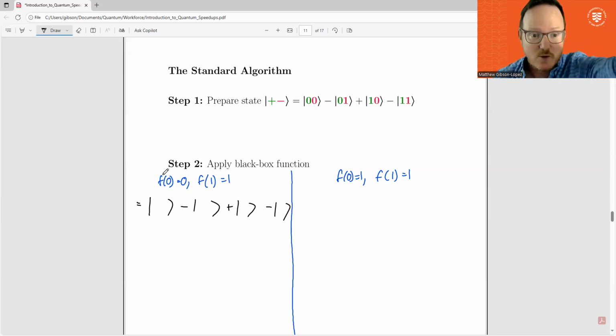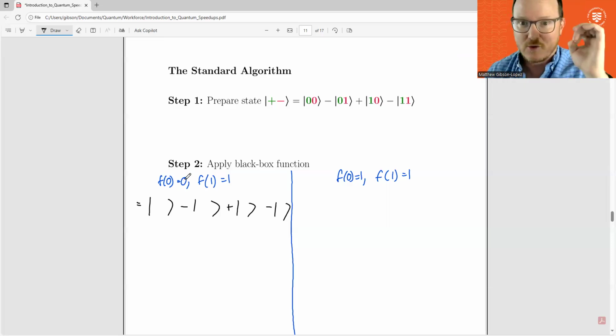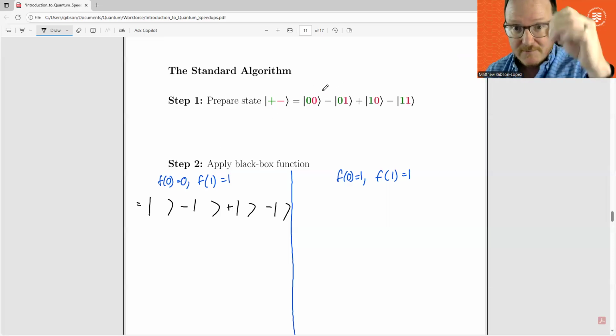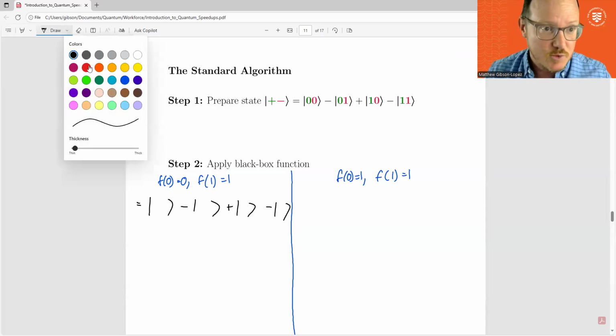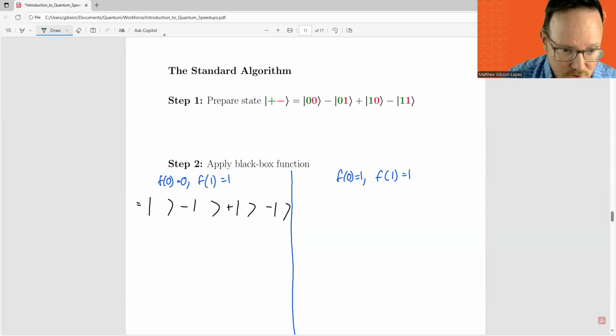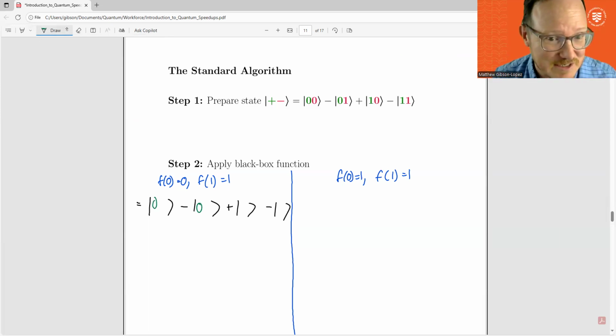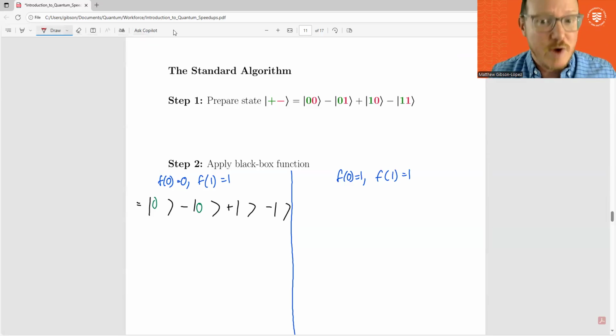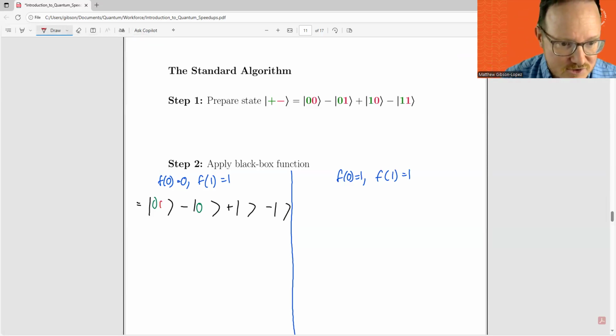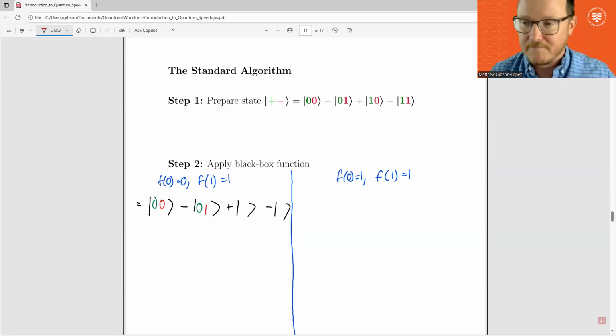So in this case, whenever the input qubit is a zero, the function evaluates as zero, which means the red qubit is not going to change. So the two green zeros are on the left. Those two red qubits are going to stay the same. So we're going to have 0, 0 for the two green qubits there, and then the red qubits are going to be 0, 1 because the function evaluated to zero.